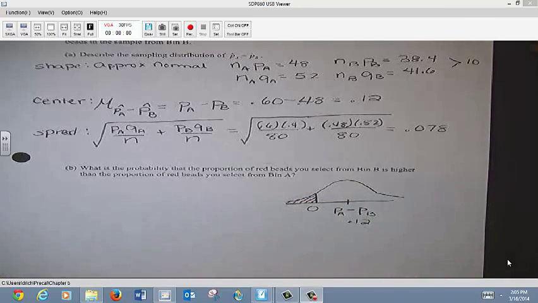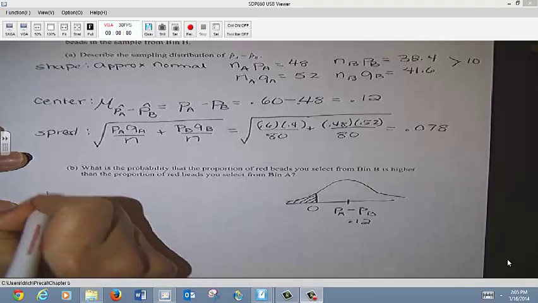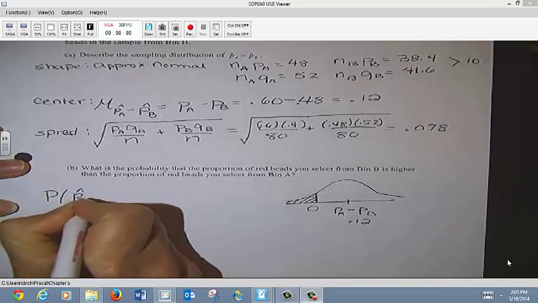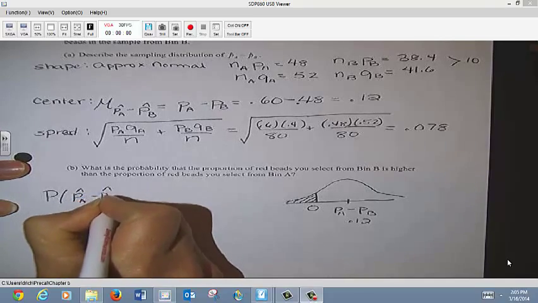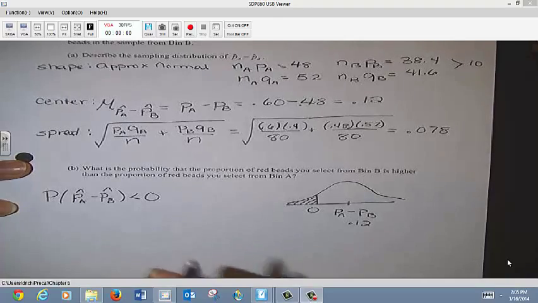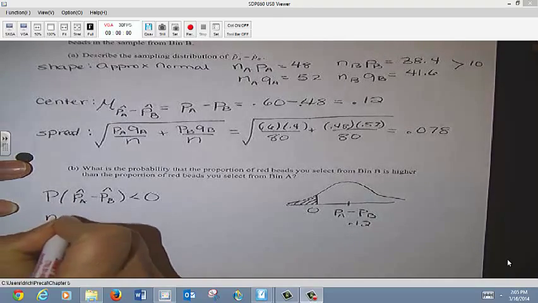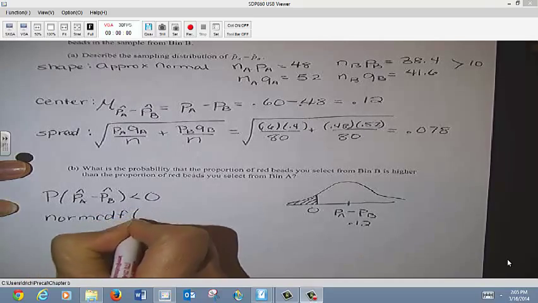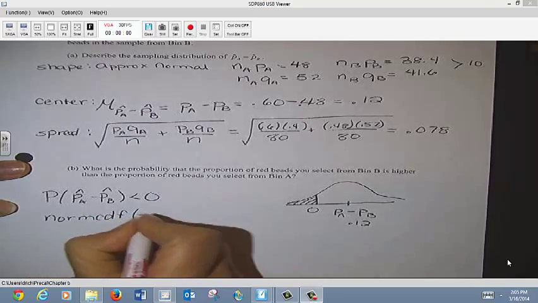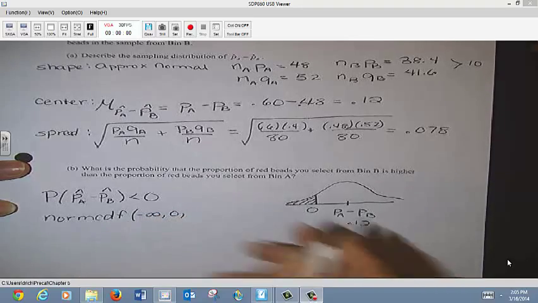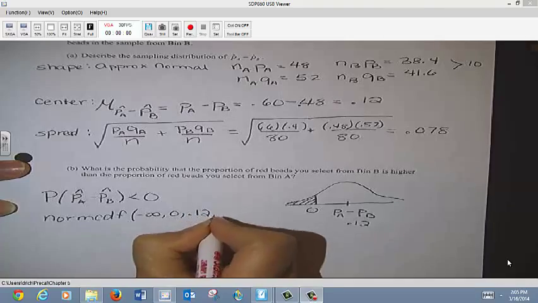So if we can find where 0 is, we want to find the probability that p hat A minus p hat B is less than 0. We could use normalcdf from negative infinity to 0, and we could put in our mean, 0.12, and our standard deviation, 0.078.